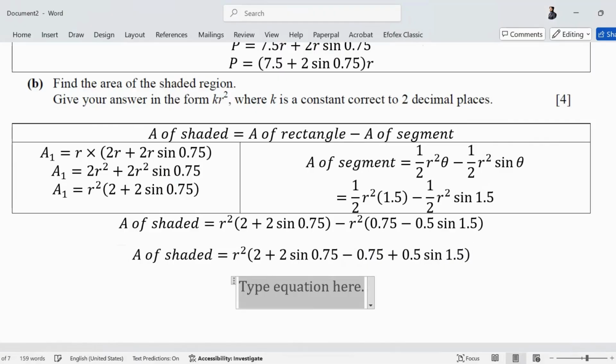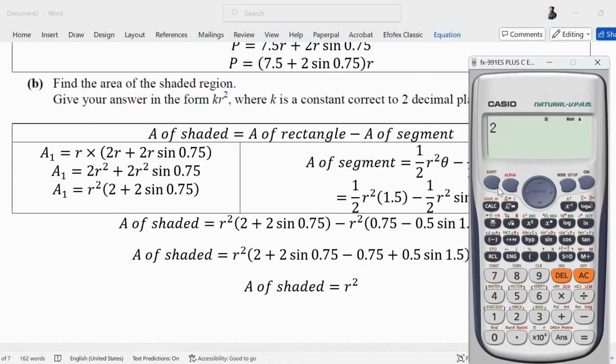Now you can use your calculator to get this value. Make sure your calculator is in radians for this one: 2 plus 2 sine 0.75 minus 0.75 plus 0.5 sine 1.5 gives 3.112.